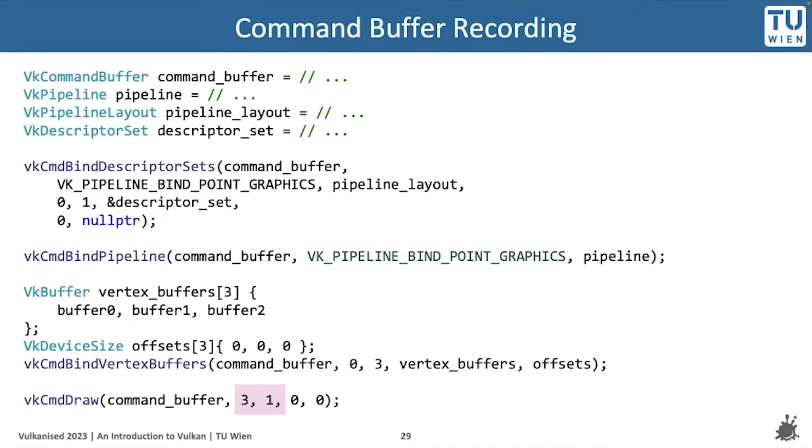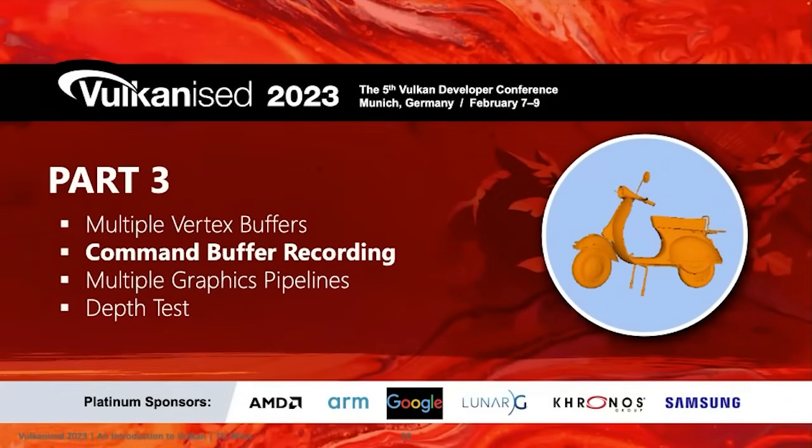Normally, you would also record commands that would, for instance, copy memory. I don't know if I should go into more detail in this regard, but yeah. Okay, and that's for the command buffer recordings.